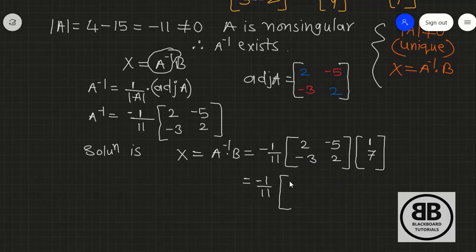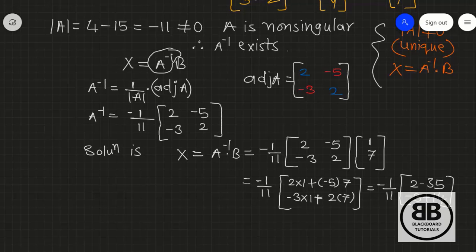The first row is 2 into 1 plus minus 5 into 7, and the second row is minus 3 into 1 plus 2 into 7. So this calculation will be minus 1 by 11 times 2 minus 35, and minus 3 plus 14.